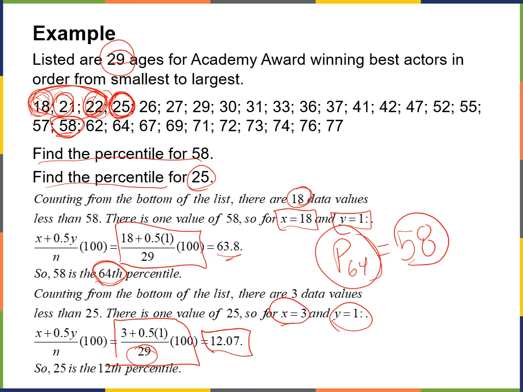Round that to 12. Yeah, you always round to the nearest integer, whether it's up or down based off your regular rounding rules. But the 12 would be where this rounds to. So that would be your 12th percentile. So P12 is where 25 falls. So pretty easy, okay, to calculate the particular percentile for a given data value.